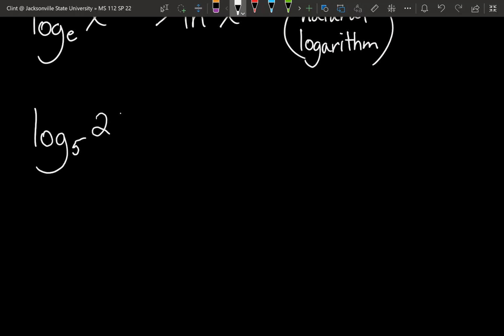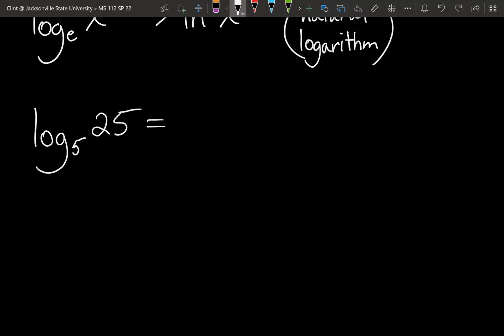I'm just thinking about that. It'll help us remember what logarithms are telling us. So this says 5 to some power will give us 25. We want to know what that power would be, what that exponent would be.